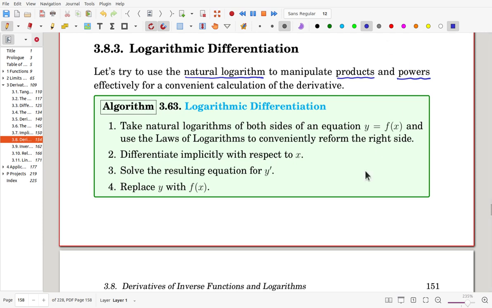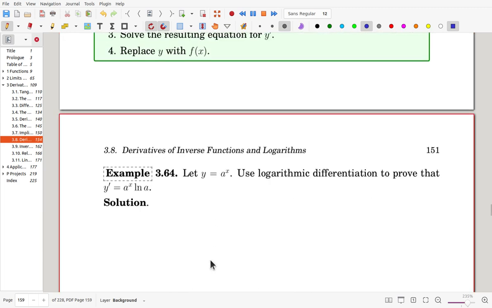Here is the strategy: take the natural logarithm on both sides, use the properties of logarithms, then differentiate implicitly with respect to x and solve for y prime, and y must be replaced by f of x.